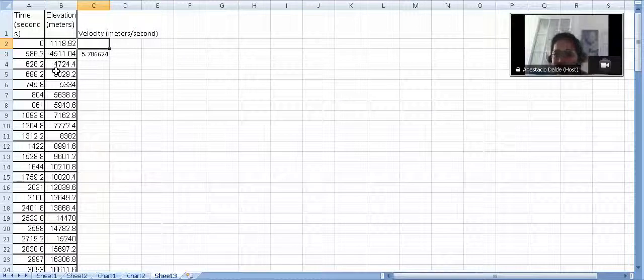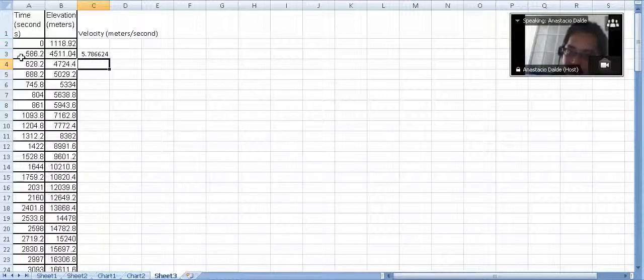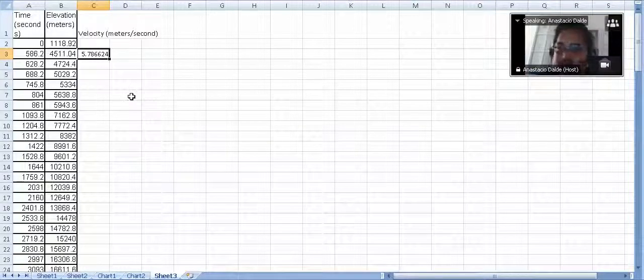Now, what you could do, my friend, is do this by hand, and it would be a big pain. You would just say, okay, this minus that divided by that minus that, and essentially it would not be that fun to do because it would take you a long time.